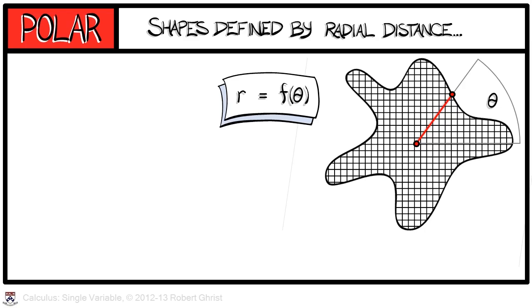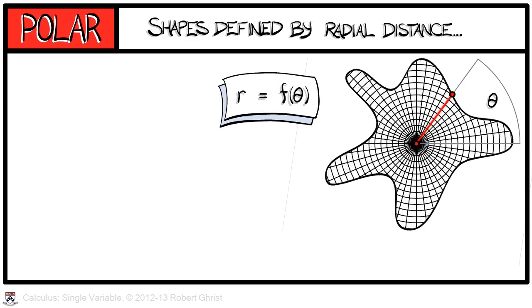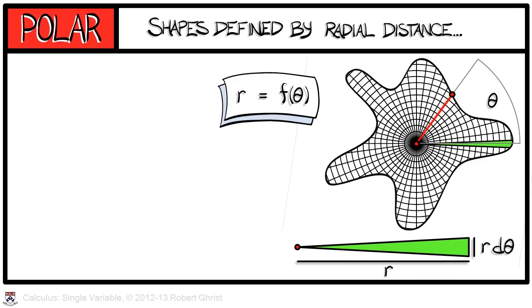And so, as we did in the case of a circular disk, we can use an angular wedge and sweep that around based at the origin. What will this area element look like? We'll approximate it as a triangle whose length is r, the radial distance, and whose height is r times d theta.